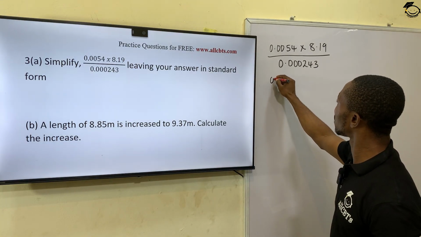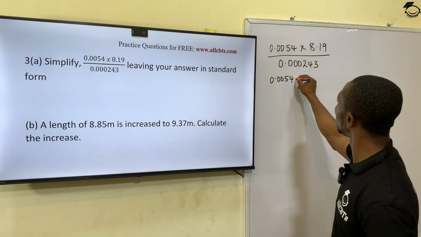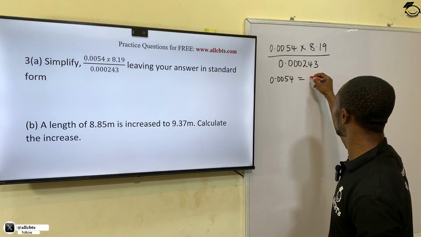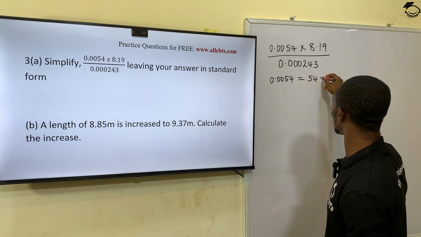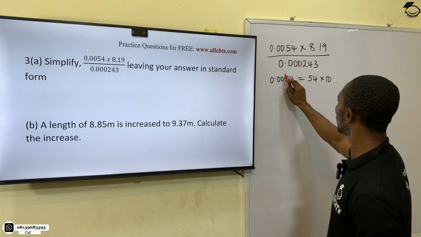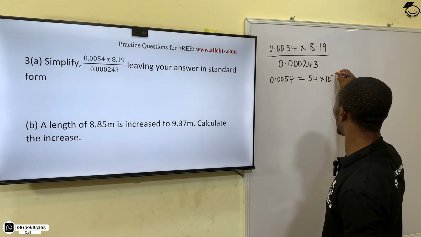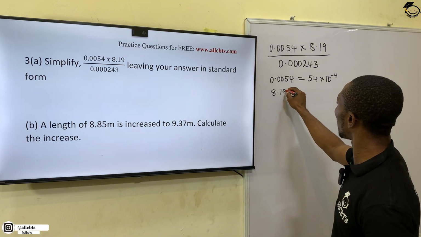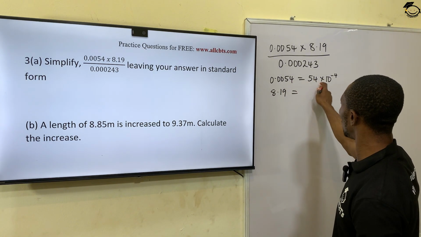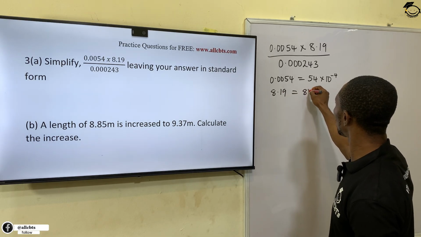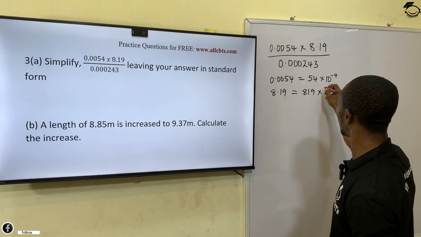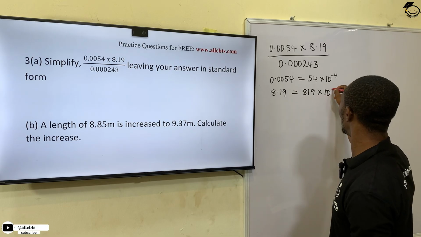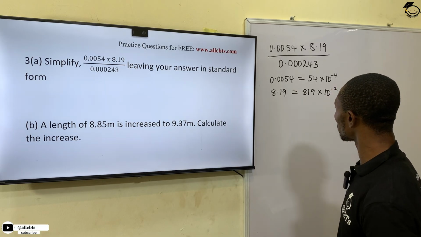We have this as 0.0054. Rewriting it will give us 54 times 10 raised to power minus 4. And we have 8.19. Putting all this in whole number will give us 819 times 10 raised to power minus 2.